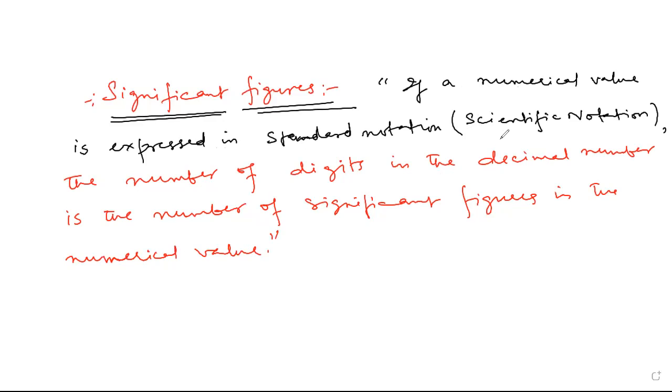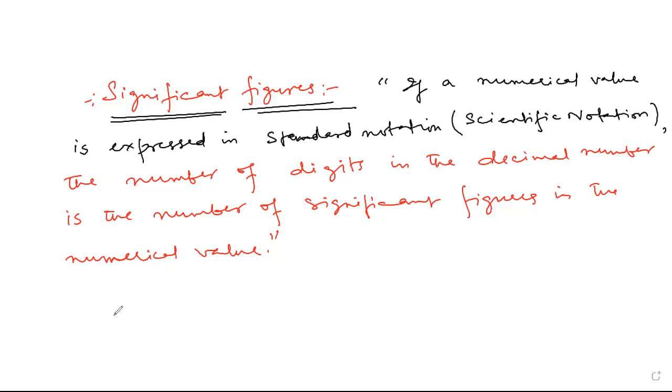And remember, in scientific notation, we express a numerical value as a product of a number between 1 and 10 and a power of 10.